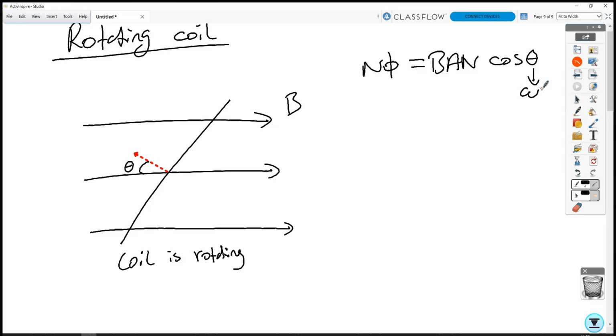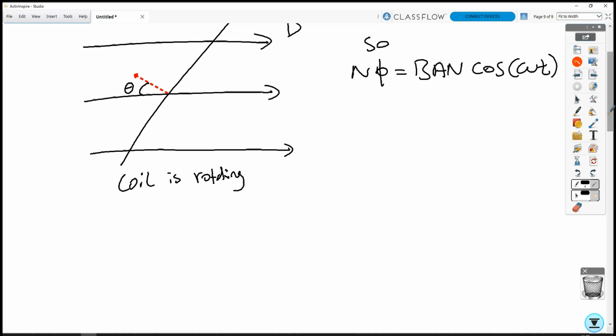So NΦ equals BAN cos omega t. And EMF is equal to minus N dΦ/dt. So we need to differentiate that equation.